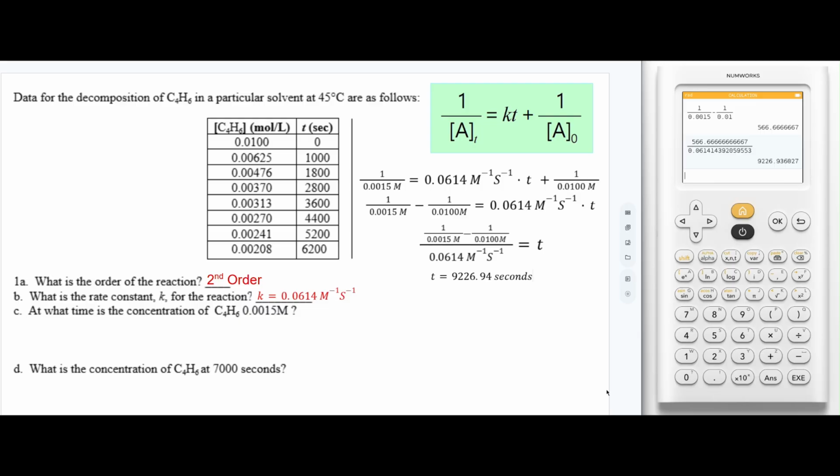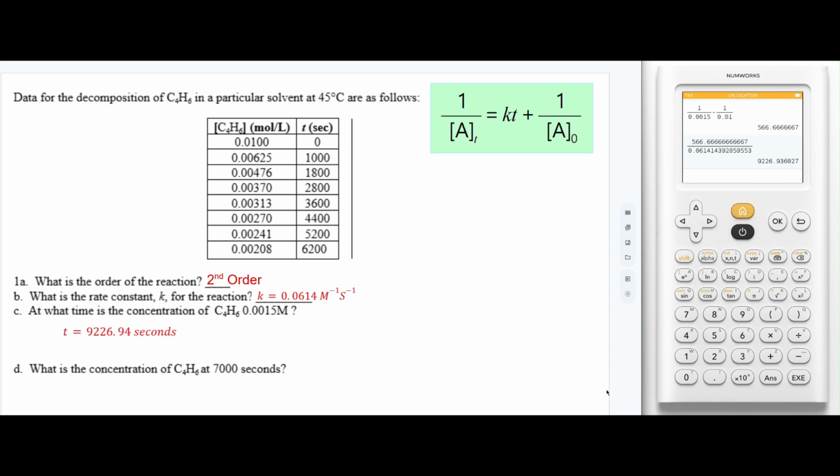All right. Now we have to find out the concentration of C4H6 at 7,000 seconds. Again, for the same formula, we're going to plug in our values, except this time we're solving for the concentration. Now I'm just going to calculate all of this out.